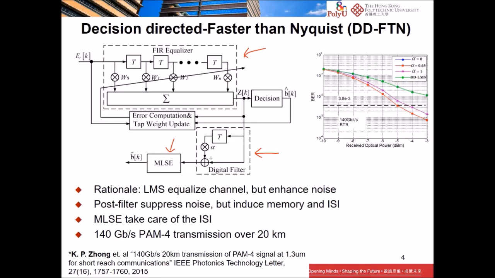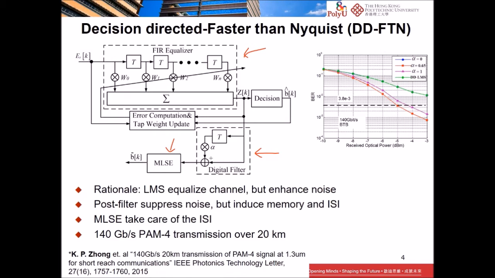For example, when you have a channel that is very band limited, and then you send a high bandwidth signal through this channel, then when you equalize the channel, you amplify the high frequency components, but at the same time you also amplify the noise at the high frequency components. So there's this thing called noise enhancement.